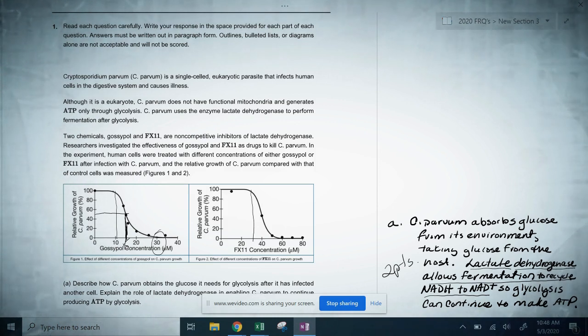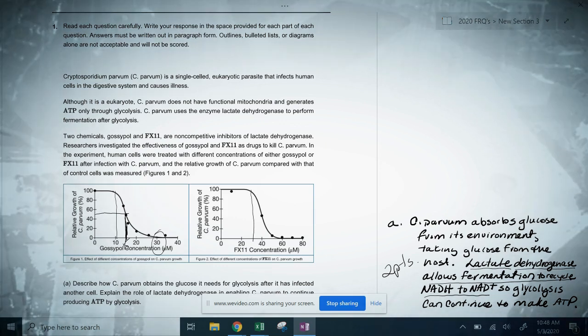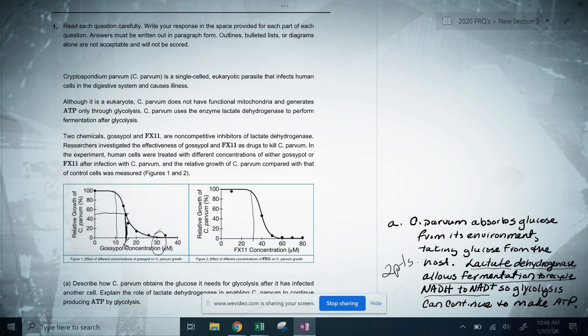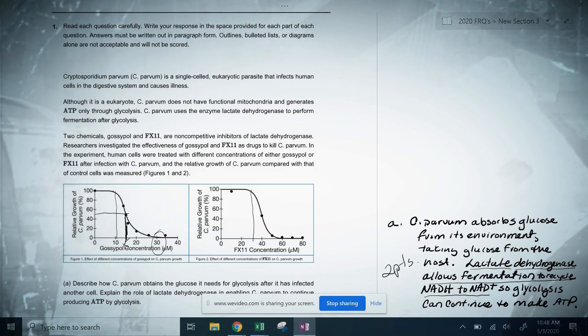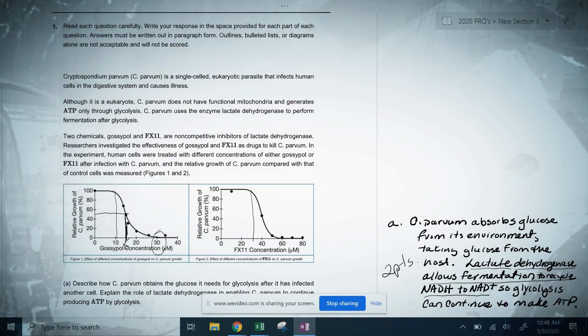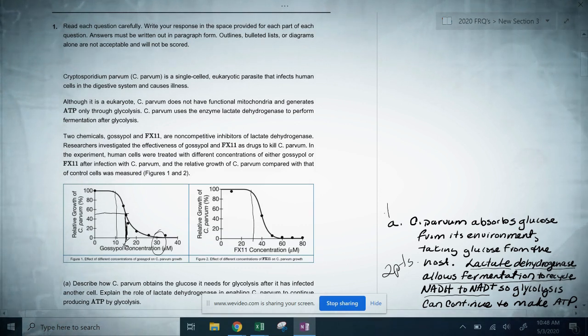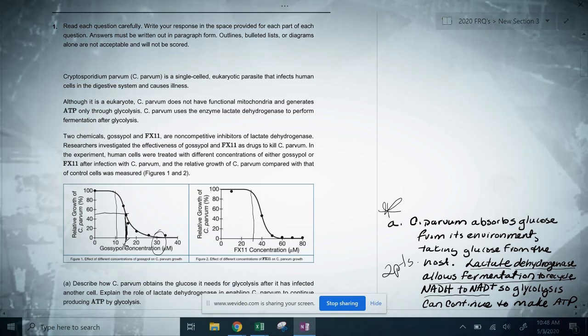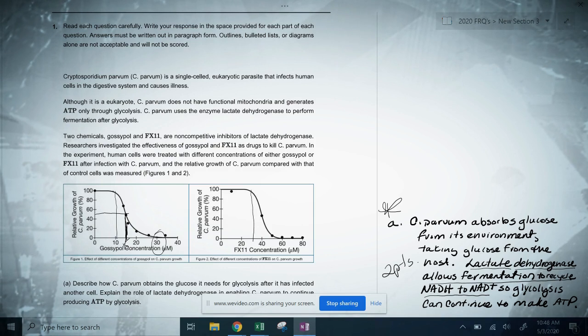So how is it going to get the glucose it needs for glycolysis after it's infected another cell? It's living in the digestive system, so in short, I'm over here at A: it's going to absorb the glucose from its environment. It's a parasite, so it's going to be taking it from its host.